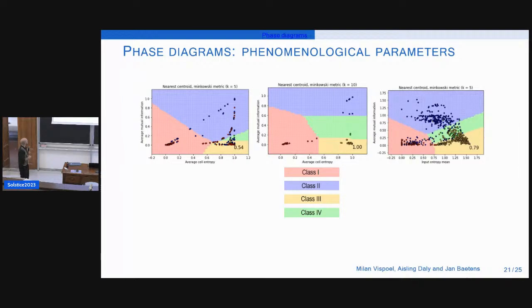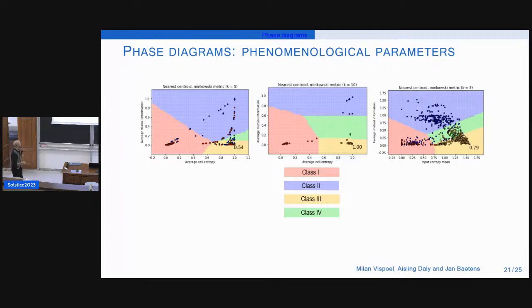And of course, we can distinguish class 1 from class 3 by their average cell entropy, because class 1 is near 0 in entropy, and class 3 is virtually random. And then here we see that class 4 occurs as a phase transition region. The size is different, but the location is the same between class 2 and class 3.